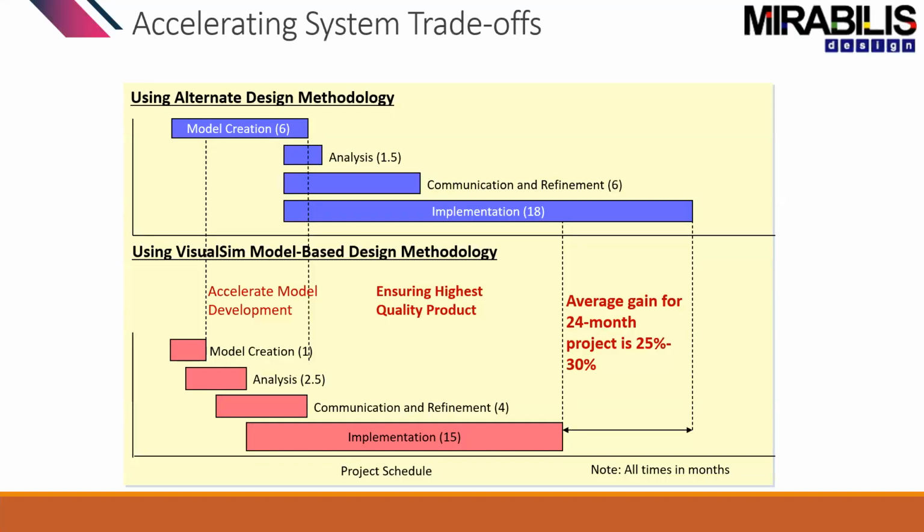In conclusion, one of the things that VisualSim provides is really the ability for you to do very fast system trade-offs. And the reason that you're able to do it is because you're substantially reducing your model construction time and being able to do more analysis because you have more statistics, more refinement information, more regression analysis, and being able to run different iterations using different use cases or different workloads.